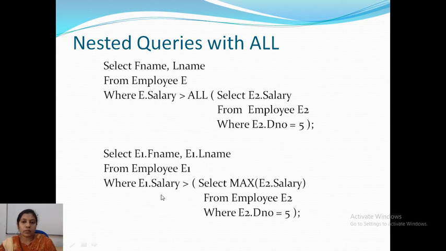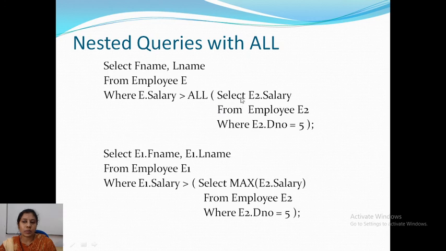And in this we are checking if the salary is greater than the maximum. What is the difference in the second query? When I use the aggregate function maximum, it gives only a single value.